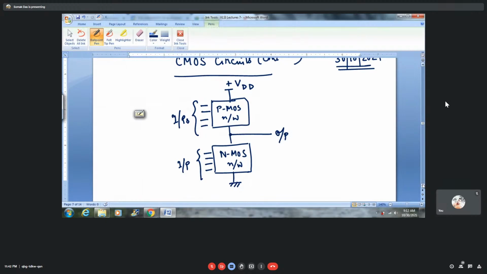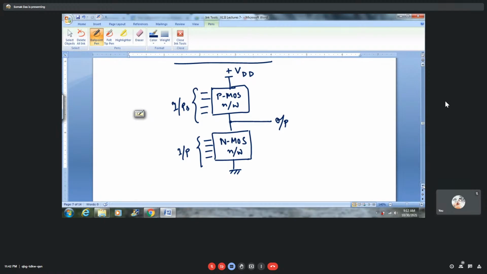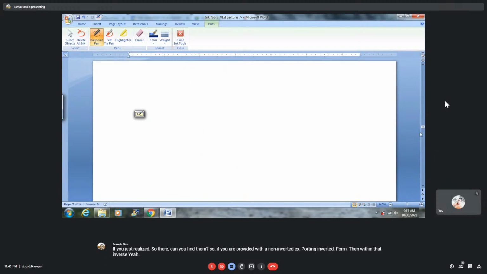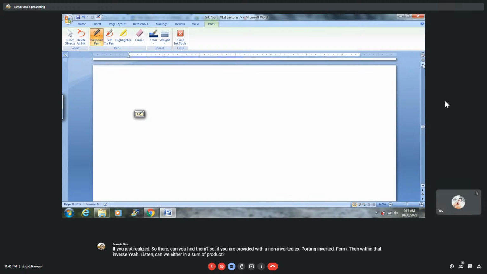Now, if you cross-check what Boolean expression you are realizing, there can be two kinds of expression below the inversion bar, mind you. If you are provided with a non-inverted expression, you need to convert that into an inverted form. Within that inverted form, the expression can be either in a sum of product form or in a product of sum form.